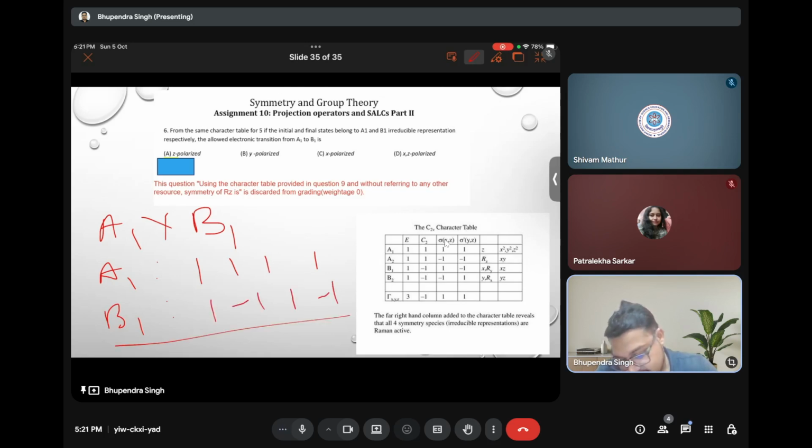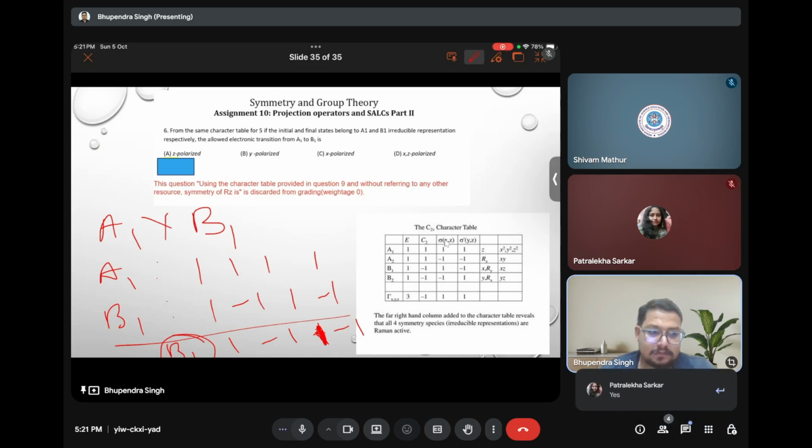After this multiplication, what will you get? 1 minus 1 1 minus 1. This is B1 only, right? Is it okay? Yes.